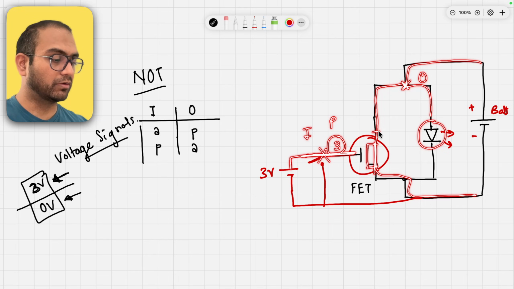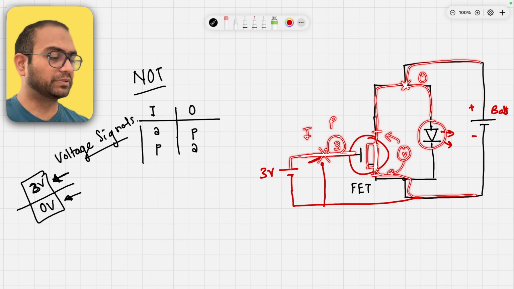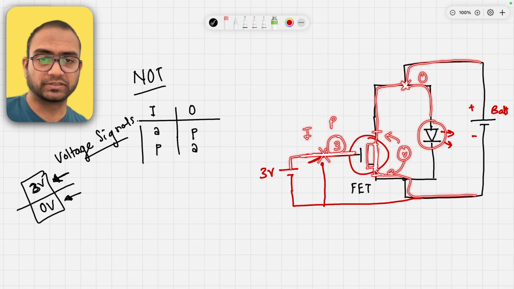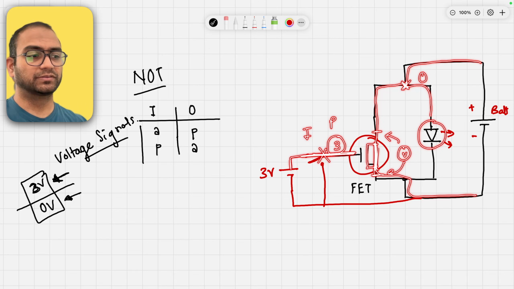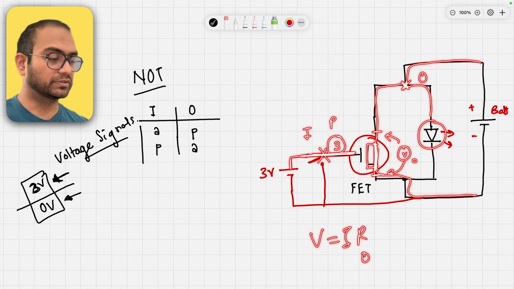What is the voltage between these 2 points? If you put a voltmeter here, you will read 0 because it's pretty much a short circuit with no resistance, so V equals IR gives no voltage drop, and this will read 0.